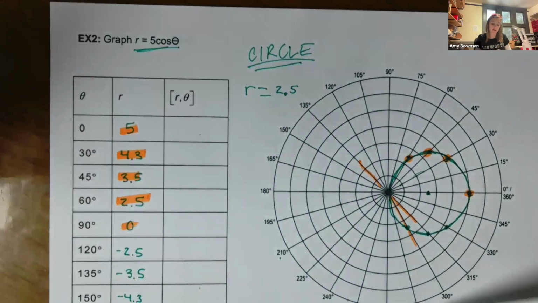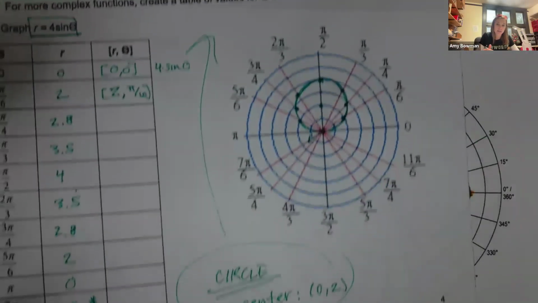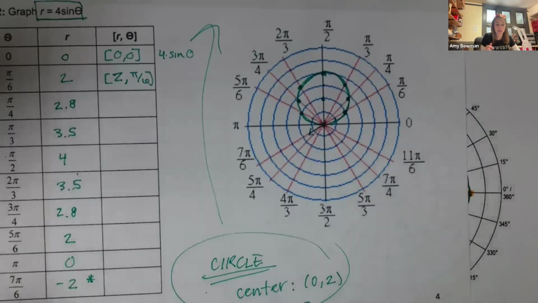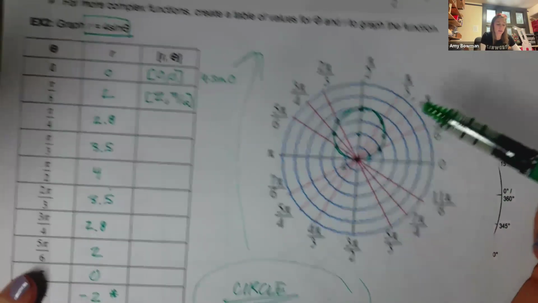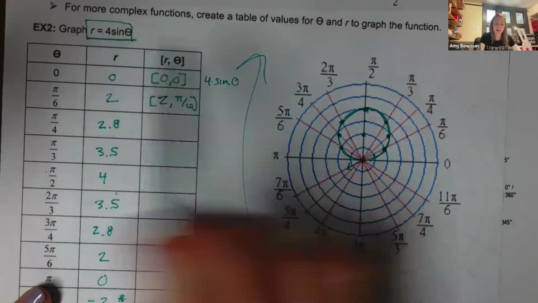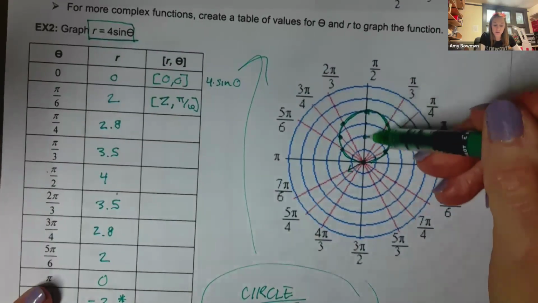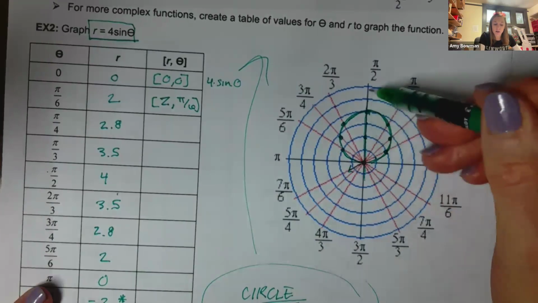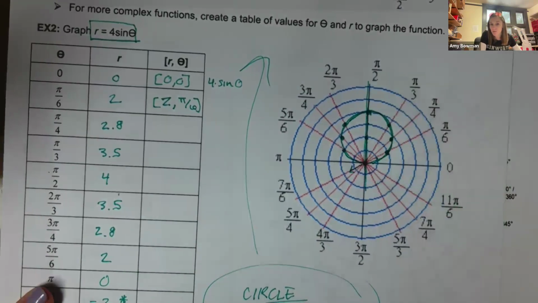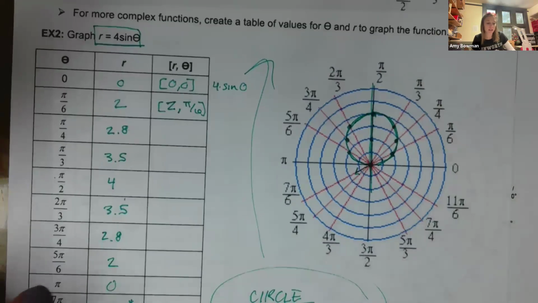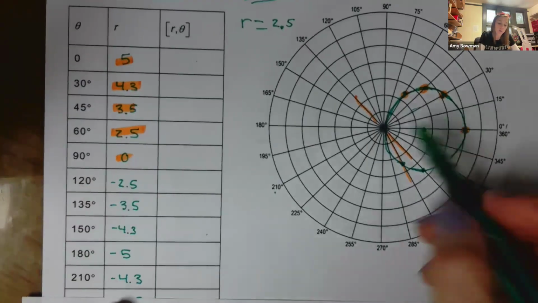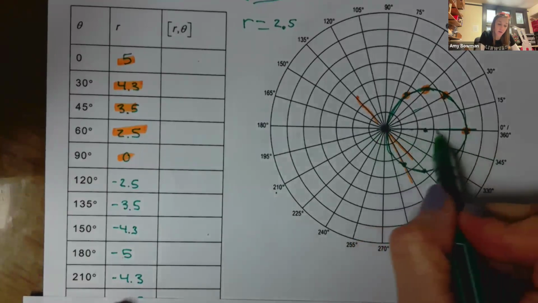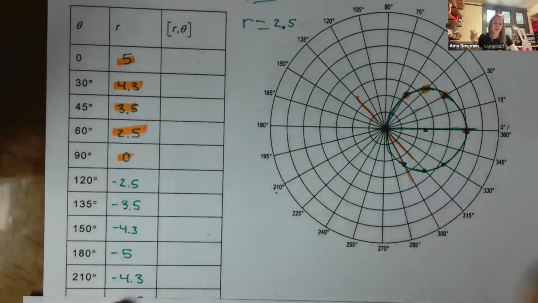The other thing I want you guys to notice is how these are positioned with the horizontal and vertical axes. So this graph of 4 sine theta has vertical symmetry along what would be the y-axis in rectangular coordinates. 5 cosine theta has horizontal symmetry with what would be the x-axis.